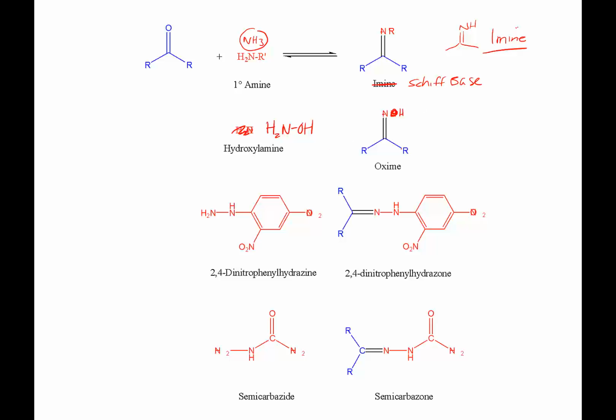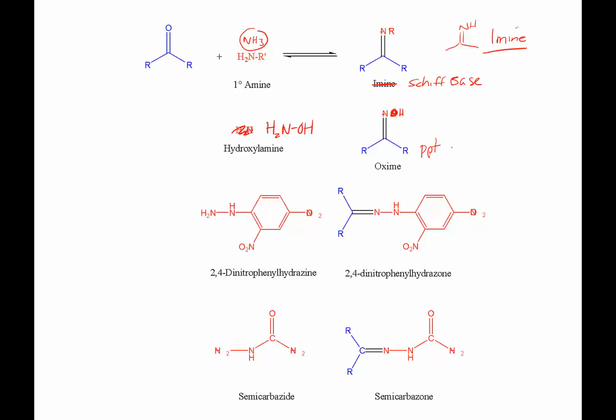So when it reacted with your ketone or your aldehyde, it would form a double bond, an oxime, and this would actually precipitate from solution. So if you thought you had an aldehyde or a ketone, you would add a hydroxylamine to it. If you saw it precipitate, that's a positive test for aldehyde and ketone. It doesn't react with esters, amides, or carboxylic acids.